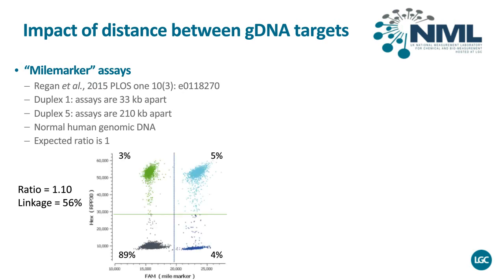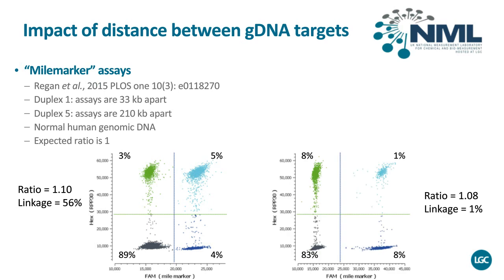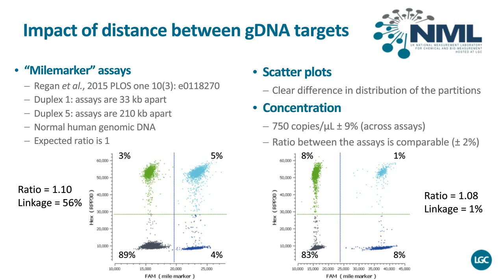But when they're 33 kb apart, we're actually getting a linkage of 56%. So we're getting a disproportionate number of doubles. And then, as you would expect, when we get to 210 kb apart, we're pretty much back down at where we would expect two completely independent assays to be. So we can see with these scatter plots a clear difference in the populations, but the ratio between those targets is comparable.